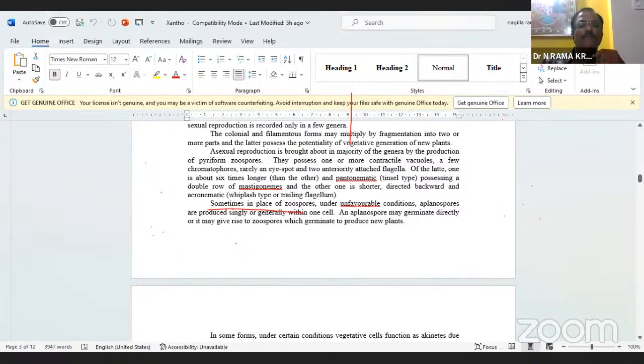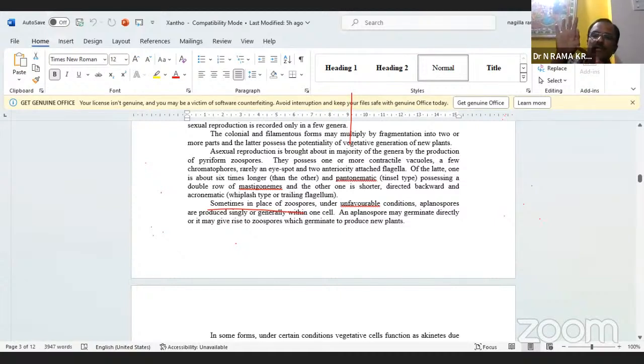See now here, this is the sexual reproduction system. The sexual reproduction system is of the oogamous type, an advanced sexual reproduction. For example, now you see here, this is one Vaucheria plant.